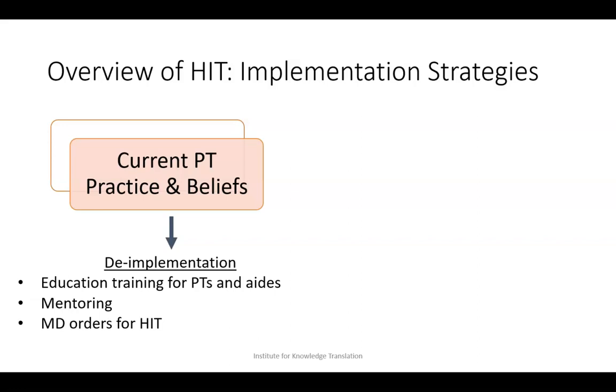One of the other things we did to help with communication and getting this going quicker, we worked with the IT department to create an order set in the electronic medical records for high intensity training. So when we first started, the physician would put in with the rest of their orders an order for high intensity gait training.